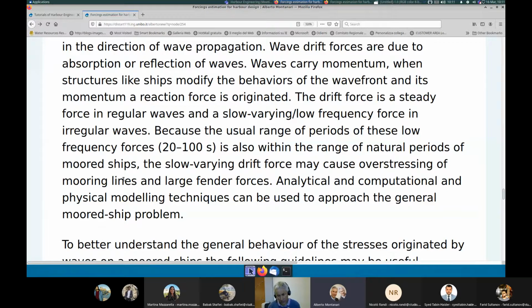So take this as an order of magnitude of the period of moored ships. So basically, keep in mind these two types of forcing: the first one originated by oscillation, and the second one called the drift, which is originated by the momentum that is carried by waves, which is impacted by the presence of the moored ship.